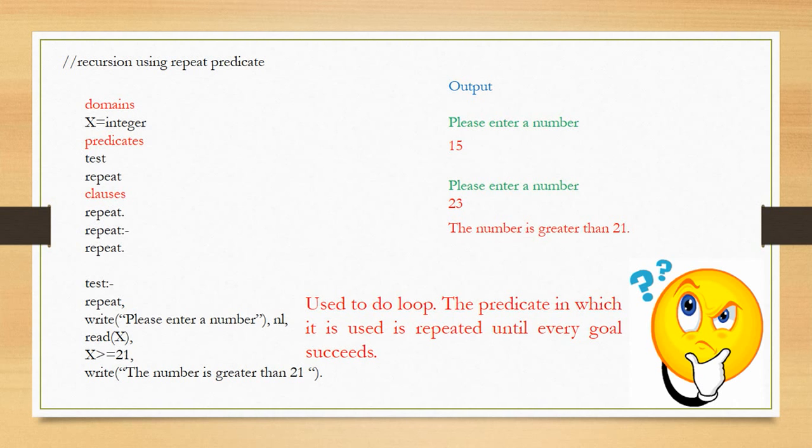Here we get success while entering 23. If the number is less than 21, then definitely this will go into the loop again and again repeatedly. This is how recursion using a repeat predicate will execute.